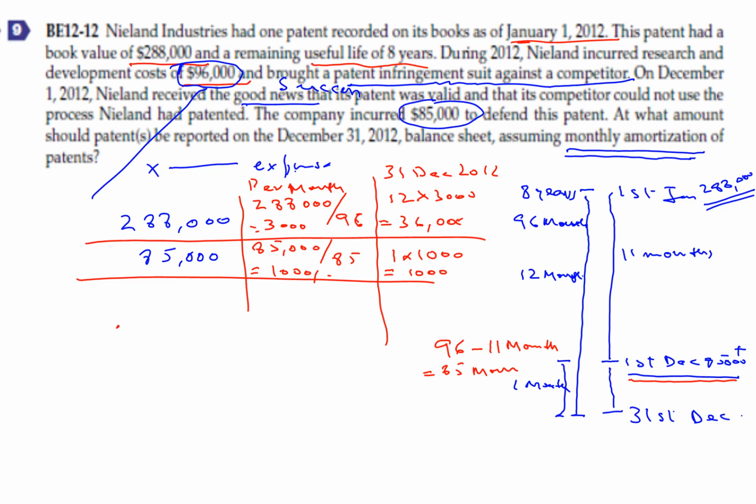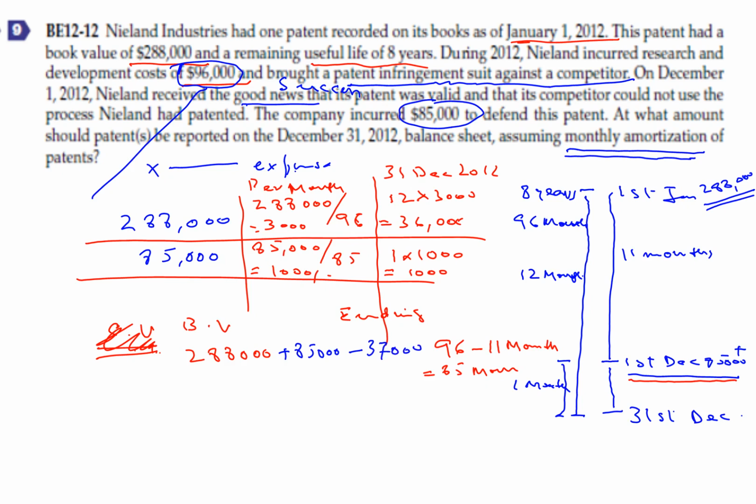So we're very clear now about what the year end carrying value should be. Can anyone help me with this? The beginning value would be how much? The beginning value would be 288,000. But the ending value would have an addition of 85,000 and a subtraction of what? 36,000 and 1,000. 36 plus 1,000 is 37,000.